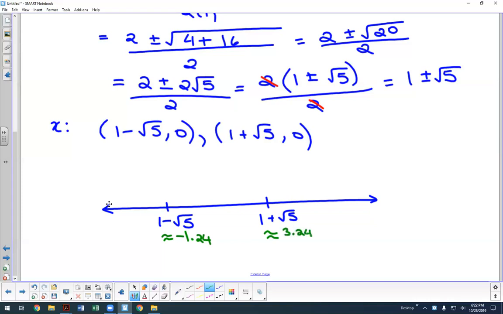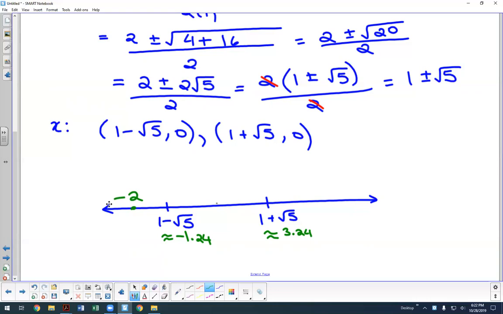So remember, these approximations are just to help us figure out where our test points are going to be. These are not our actual roots. We have to leave them in the radical form for the actual roots. So pick a number smaller than negative 1.24, what can I go for? -2. Yeah, pick -2 as your test point.